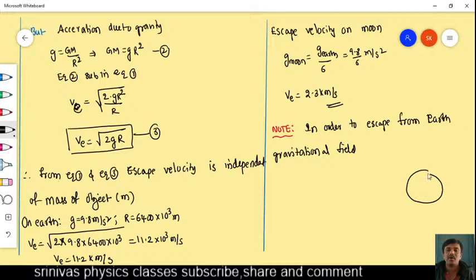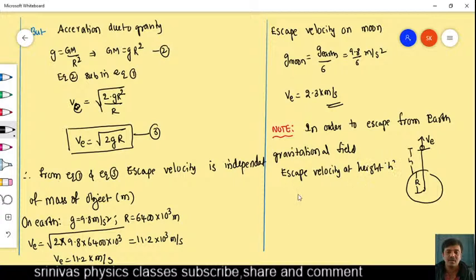But I want to throw an object from a certain height. This is the radius of Earth and this is height h. From here I want to throw an object. What is the formula to find the escape velocity at height h? Escape velocity on the surface of Earth we derived, but what about escape velocity at height h?